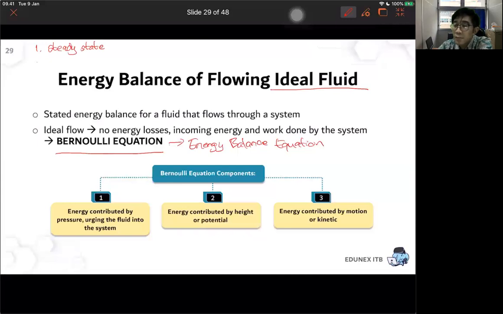There is no energy accumulation, there is no energy loss. And then the second one, no energy loss. The third one is isothermal. Isothermal means there is no change in internal energy. And then the fourth one is there is no input energy.